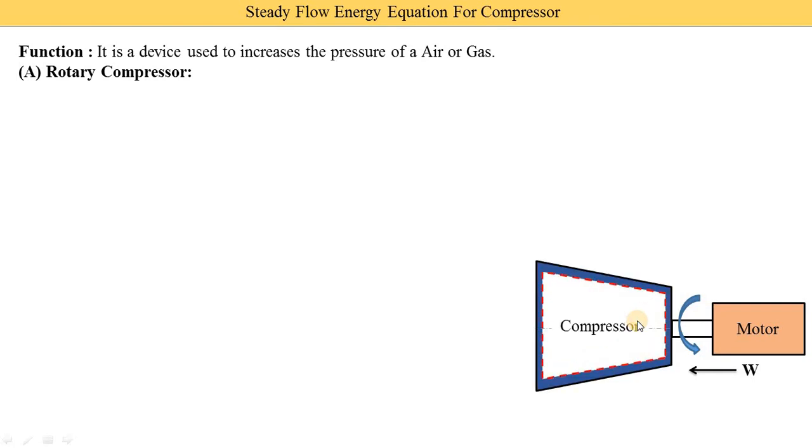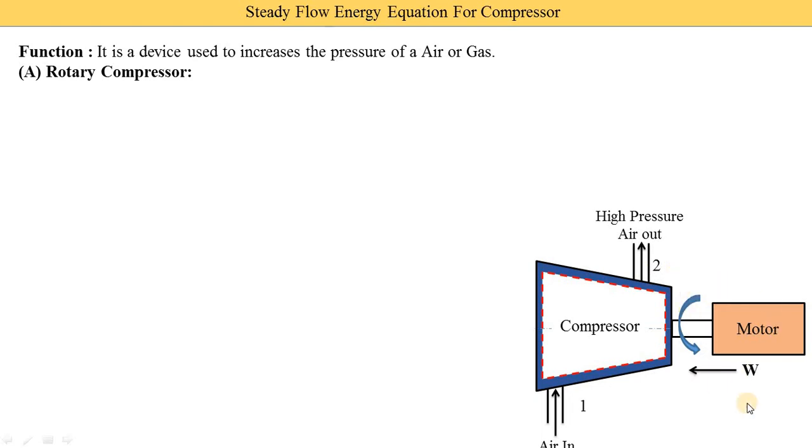Here you see the compressor. Here is the inlet of the compressor where the air comes in, and here is the outlet, where high pressure air or gas goes out. We call the inlet section 1 and the outlet section 2.